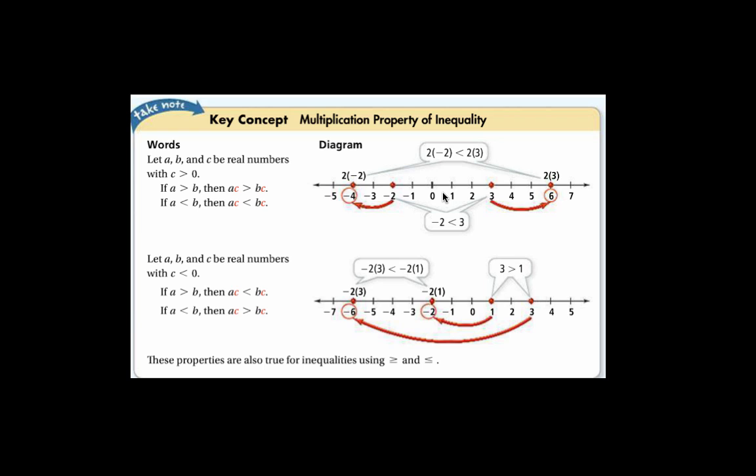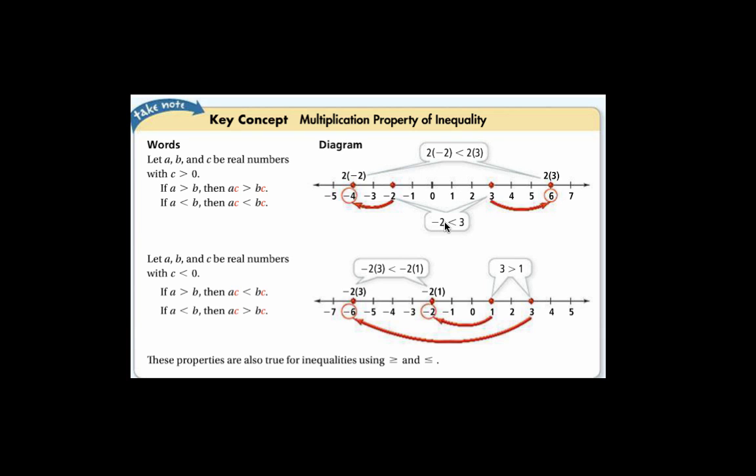So here's a visual representation of that. Negative 2 is less than 3. If I multiply negative 2 by 2, I get negative 4. If I multiply 3 by 2, I get 6. So this product, 2 times negative 2, is going to be less than 2 times 3.